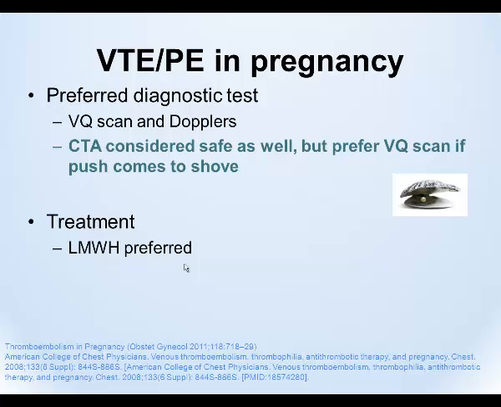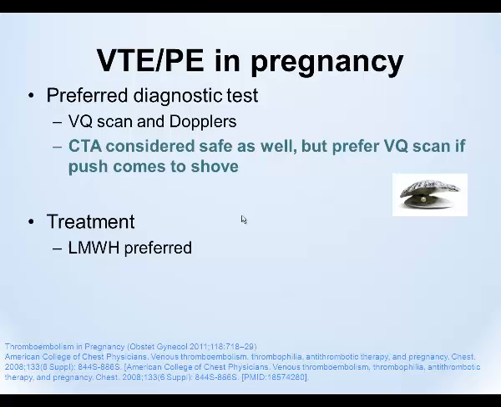There was a MKSAP question about that as well. After the first trimester it's actually very controversial. The ACCP guidelines in 2008 say it's okay to do that for prosthetic valves, but ACOG is a little more wishy-washy and says to individualize the decision.